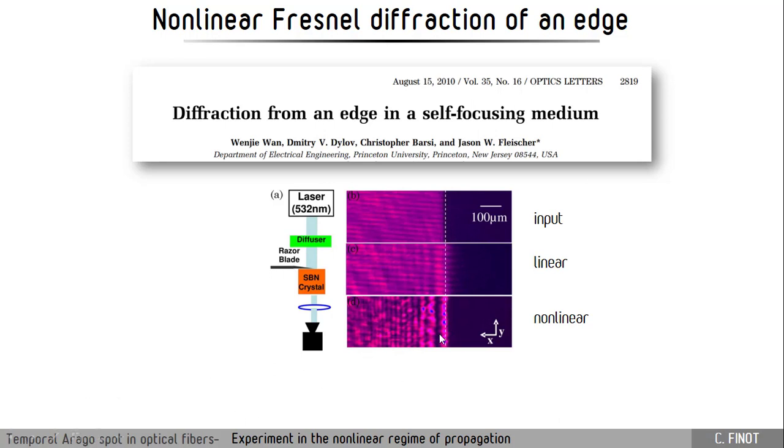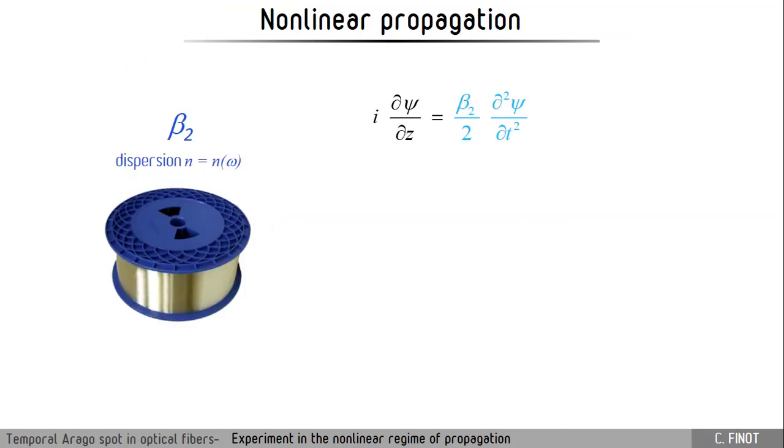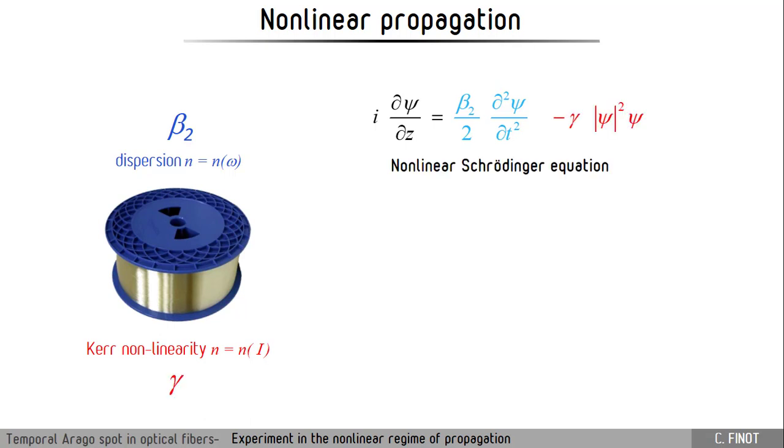So we try to see if there is also such an effect in the case of dispersion. So we have taken into account the nonlinear effect that exists in an optical fiber, and this is a Kerr nonlinearity. So the propagation index will depend on the intensity of the field, and to take this into account, we just have to add a term to our propagation equations, and it will lead to the nonlinear Schrödinger equation, which is known to be very efficient to describe the propagation in an optical fiber.